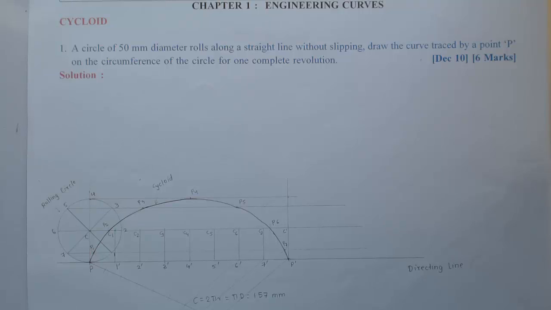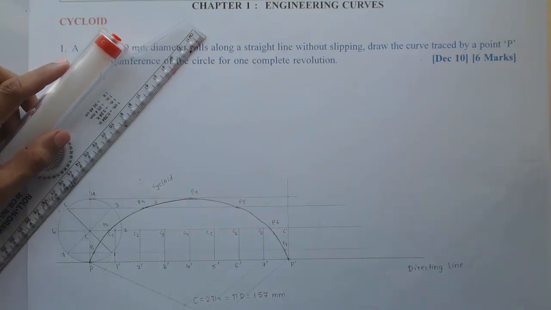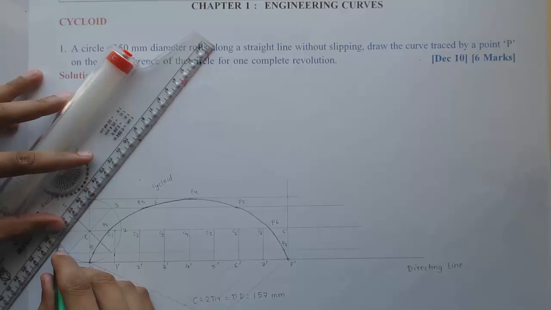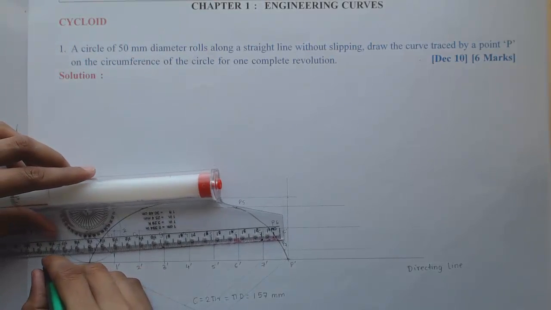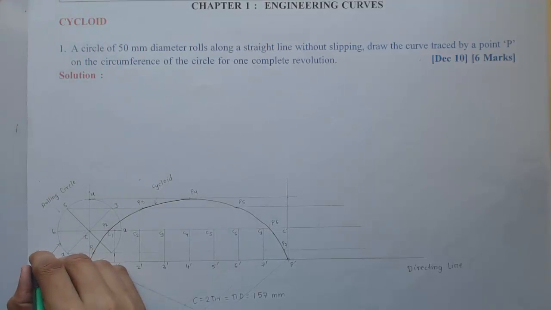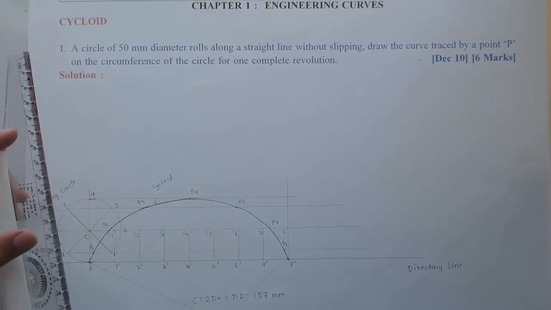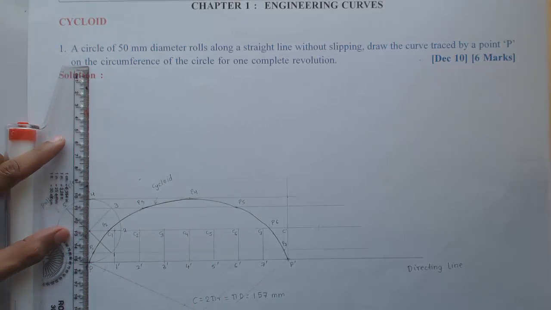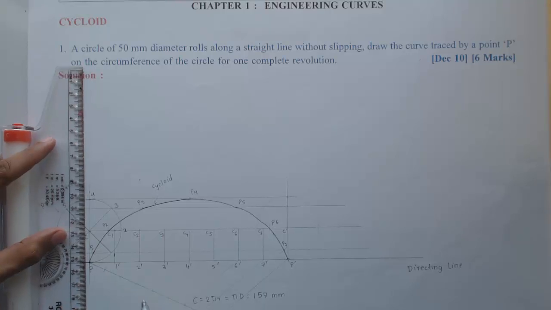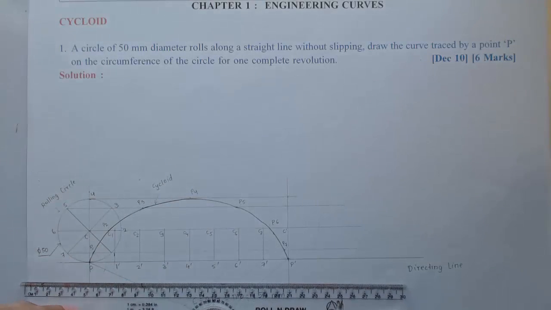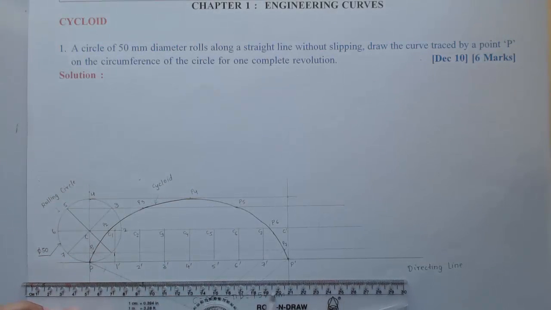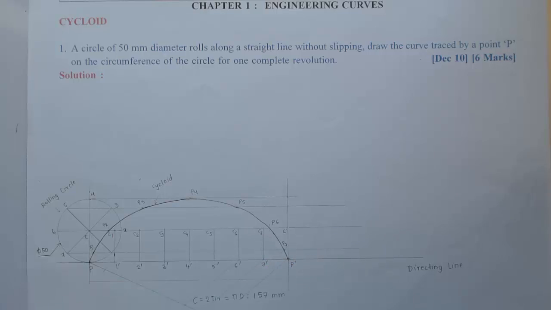So here again we need to show some dimensions, like the diameter of the circle. So you can show it like this. Here it is 50 mm, so the notation is 50 diameter. Again you can show the directing length between these 2 points by a dimension line.